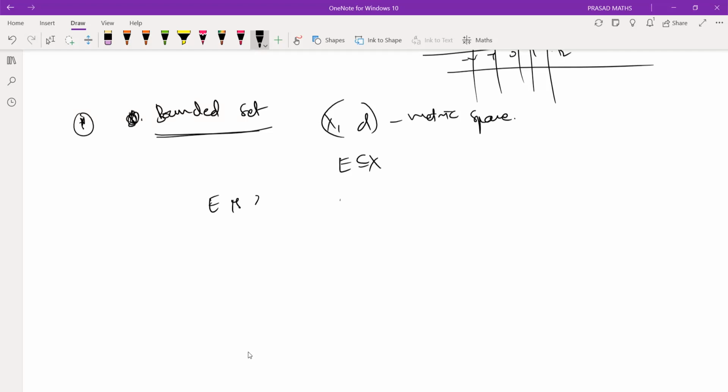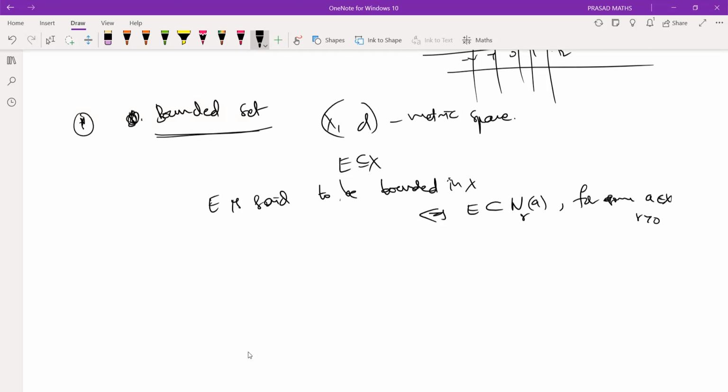A set is said to be bounded in a metric space if it lies in some open ball centered at A with radius R, for some center and for some radius. This is my metric space and this is my set.